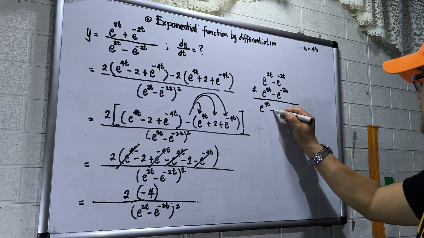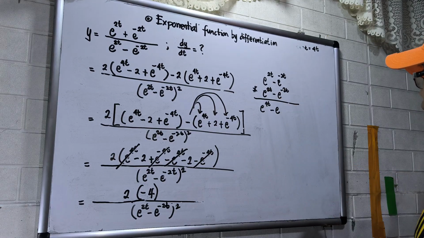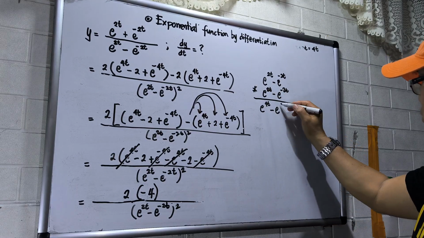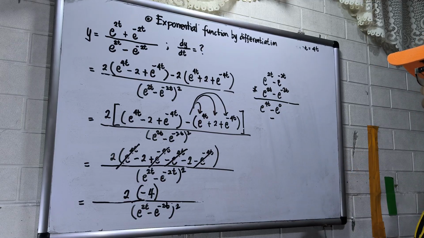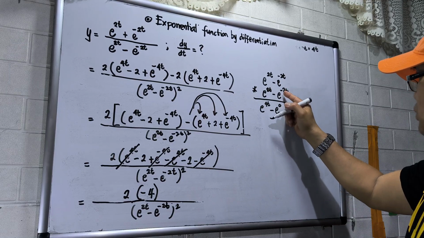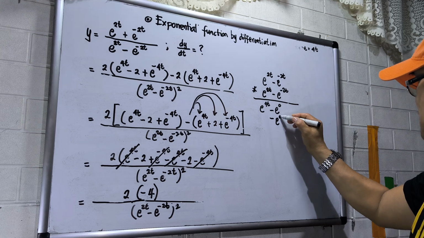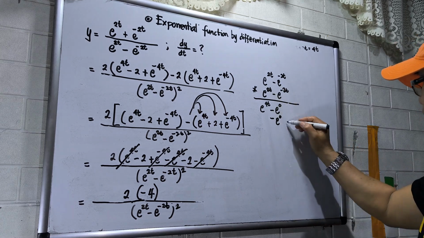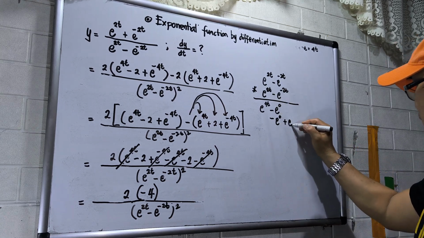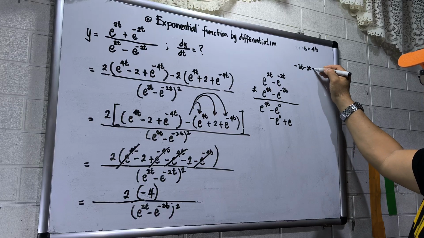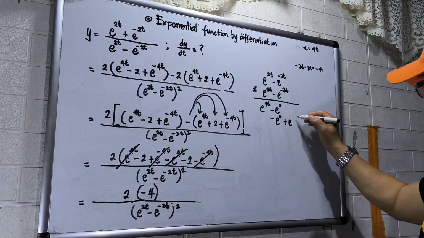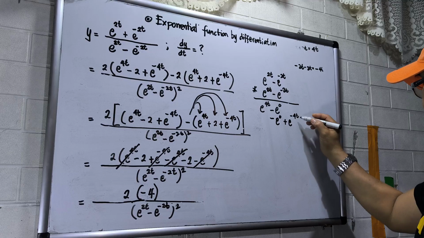Then, this will be minus e to the 2t minus 2t, that will be 0. Then, negative. So, this will be minus e to the negative 2t plus 2t, that will be e to the 0. Then, negative, negative, that will be positive. Then, e raised to negative 2t, this will be negative 4t. So, this is negative 4t.